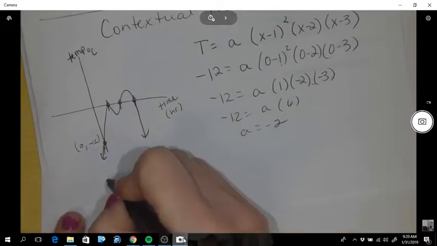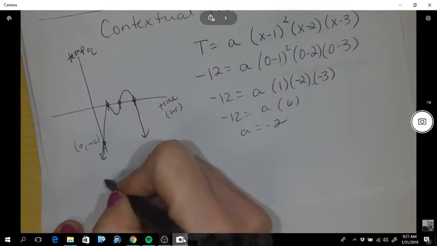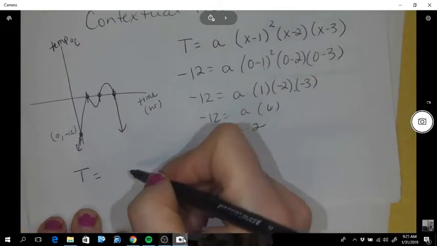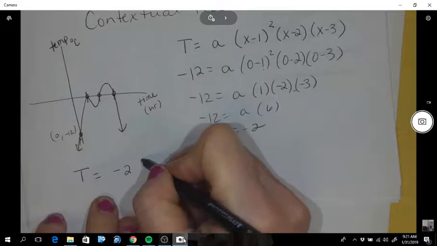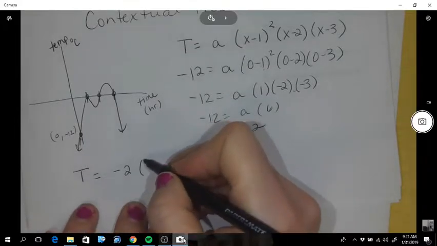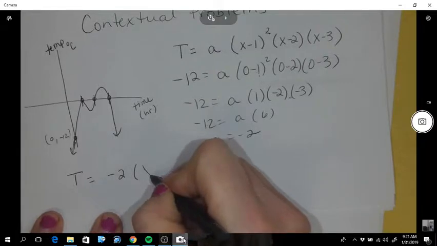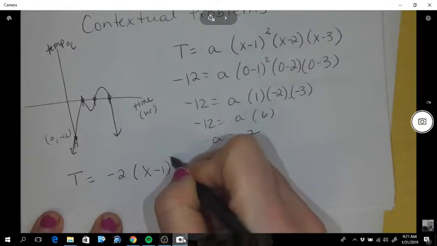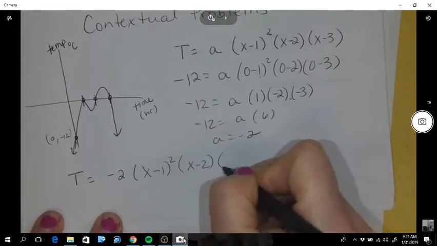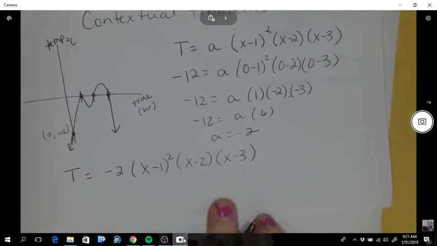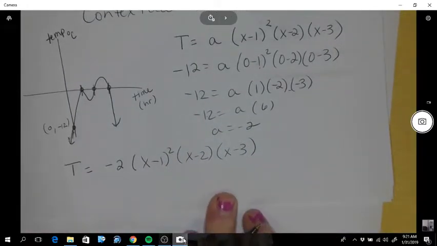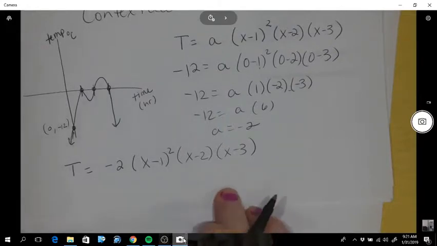Okay, so our equation, the temperature equals -2 times, we could go any variable, but let's pick x. Okay, so there is that. So estimate the temperature at 4 hours.